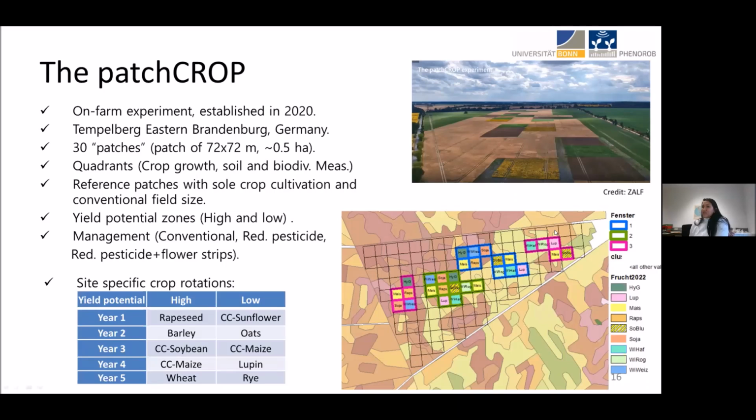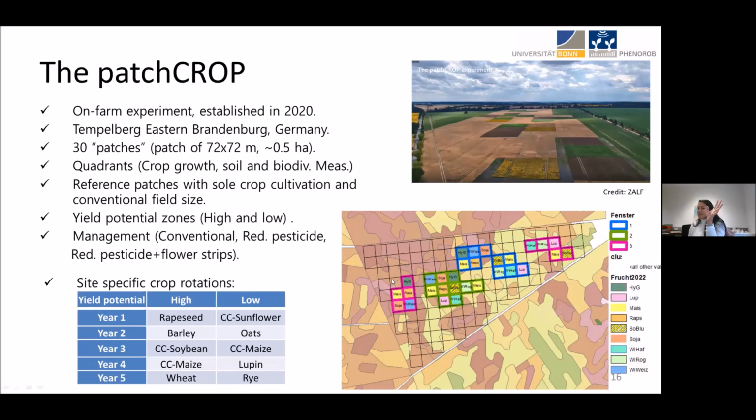The field is also divided into 2 yield potential zones, basically the high and low yield potential zones. This division was based on a cluster analysis made by Marco Donat in another project. Here at the top, we have the high yield potential patches.